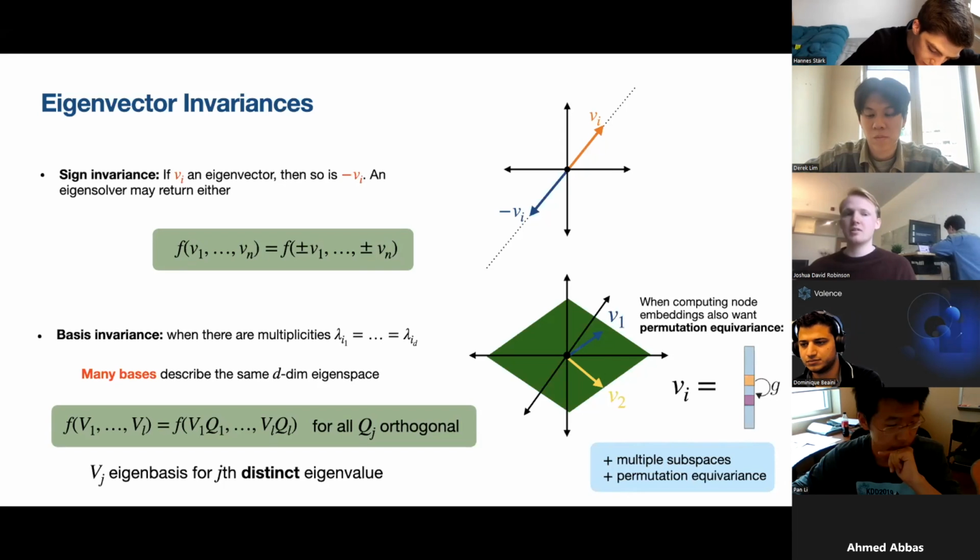So if we are defining an architecture on vectors coming from some underlying graph, we would like the output to be permuted according to some permutation G if the input is also permuted by that permutation G. So sometimes we will want this additional condition.